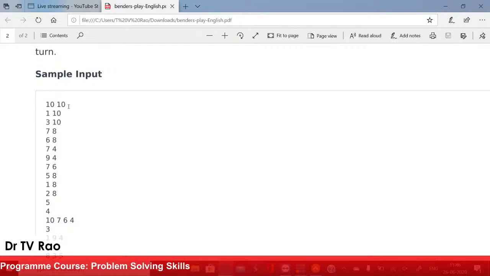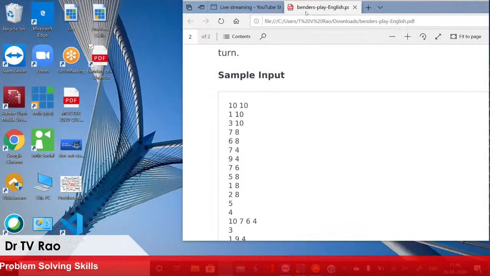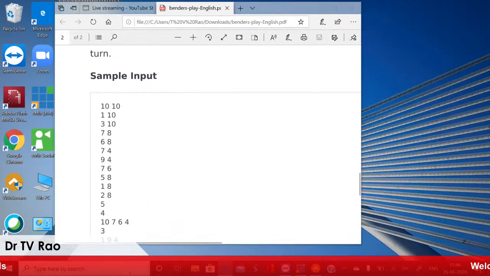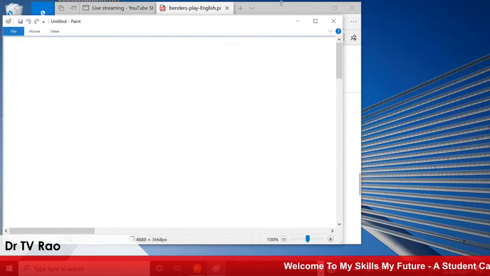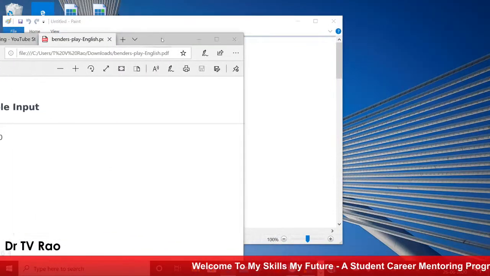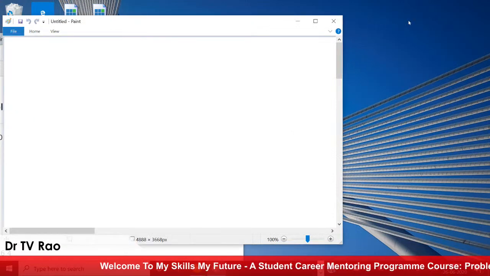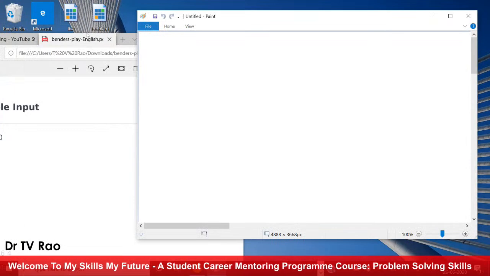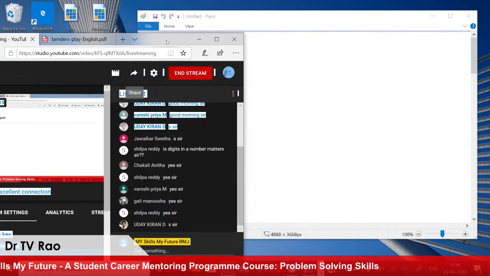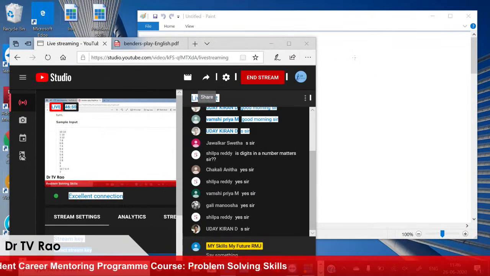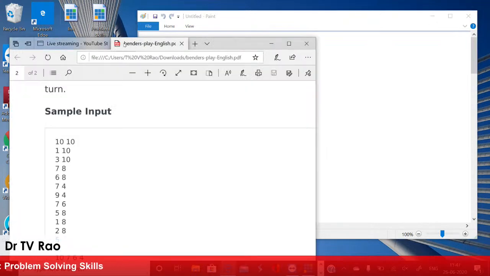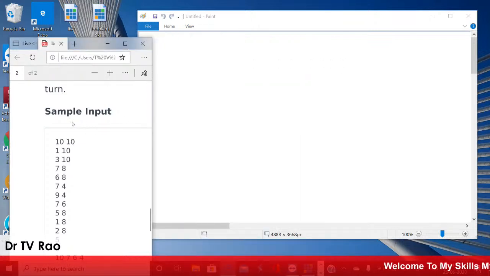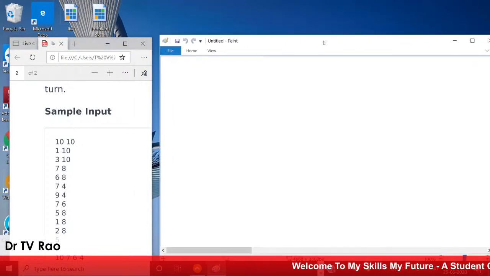Okay. Now you can operate both. There are 10 locations.